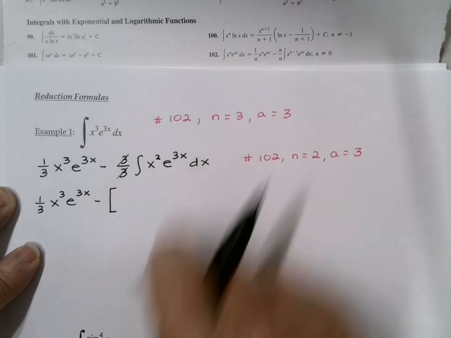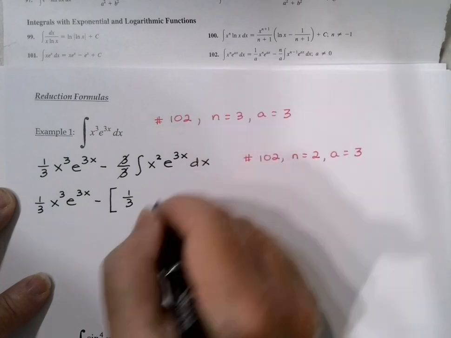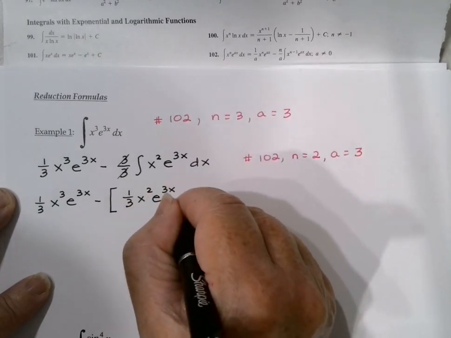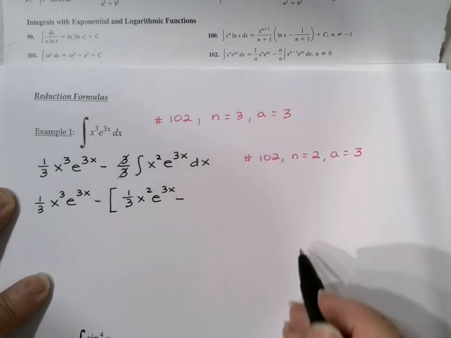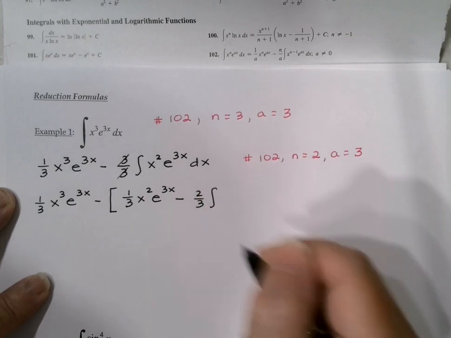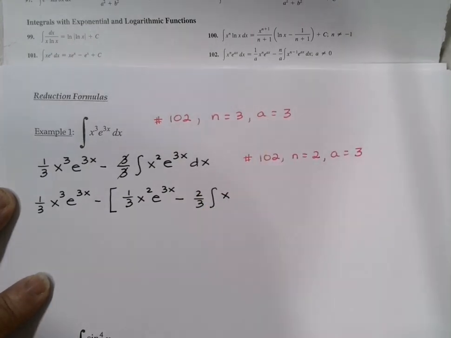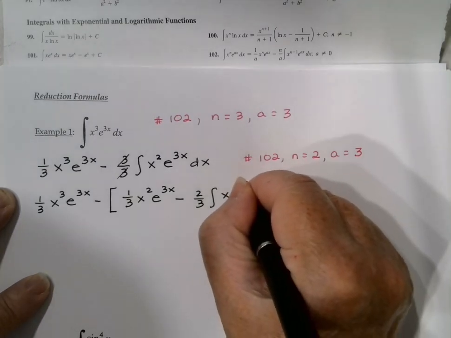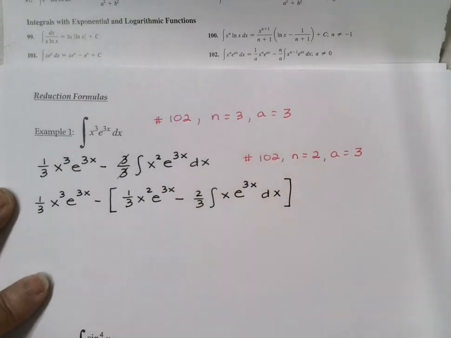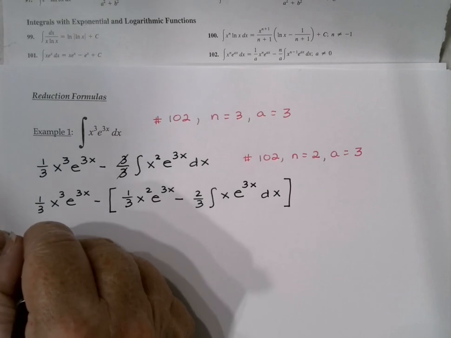Starting with 1 over a, that'd be 1 over 3, x squared e to the 3x, minus n over a, 2/3, integral of x to the n minus 1, which is just x to the first, e to the 3x dx. All right, we're getting there.